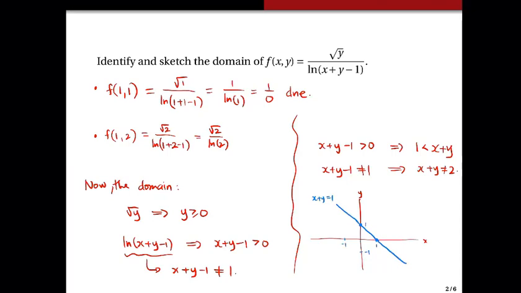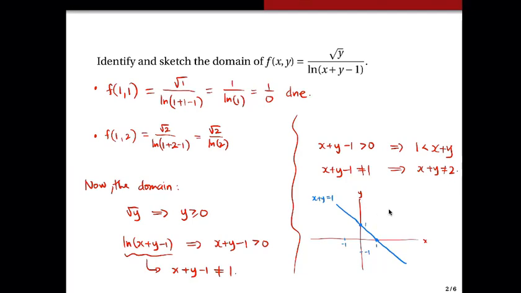But we want x plus y to be greater than 1. Which means that in order to identify the region, x plus y greater than 1, one way is to get points not lying on the line.